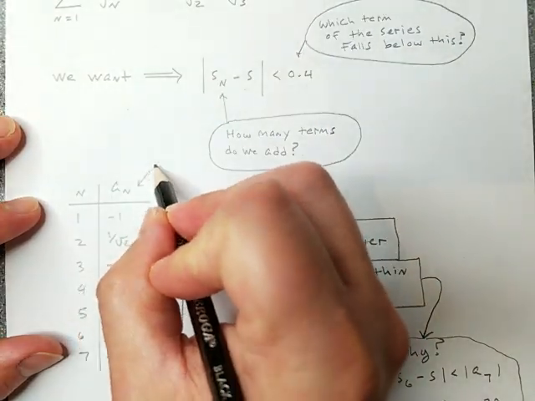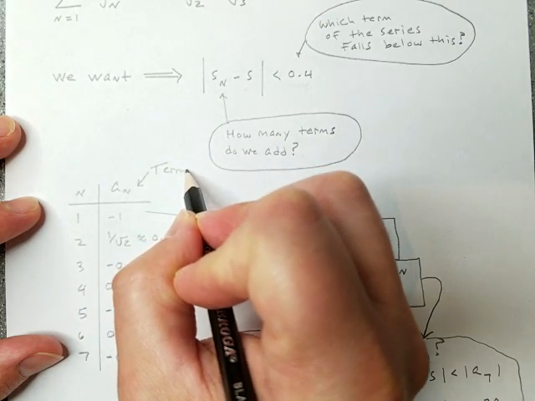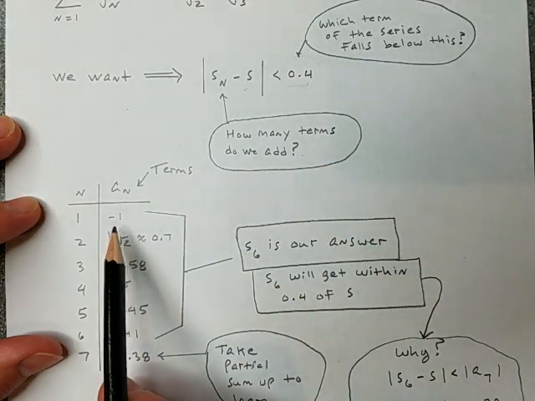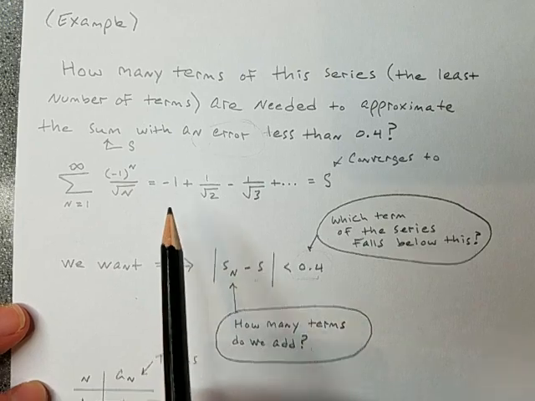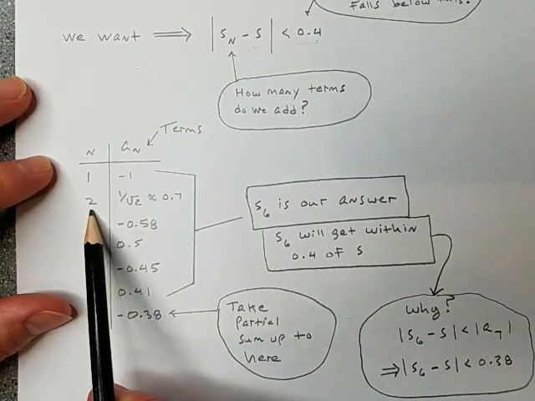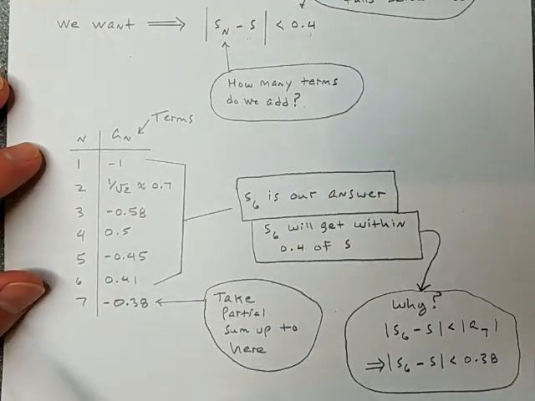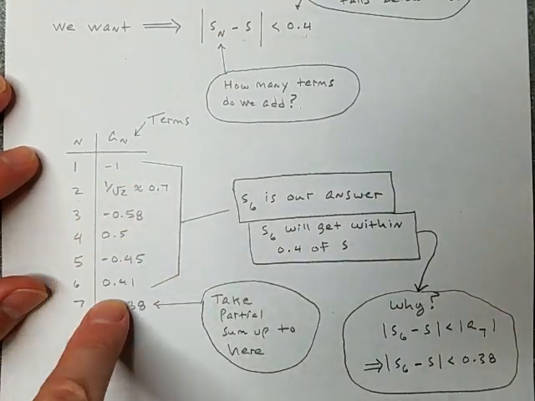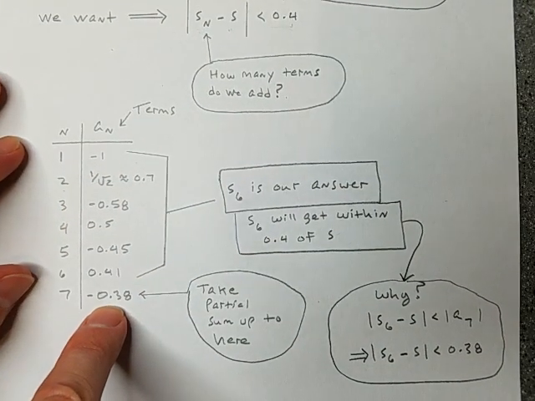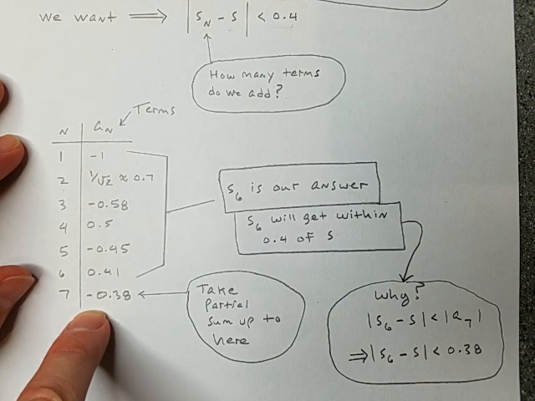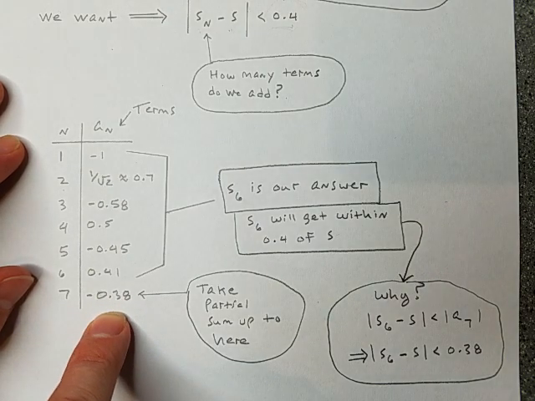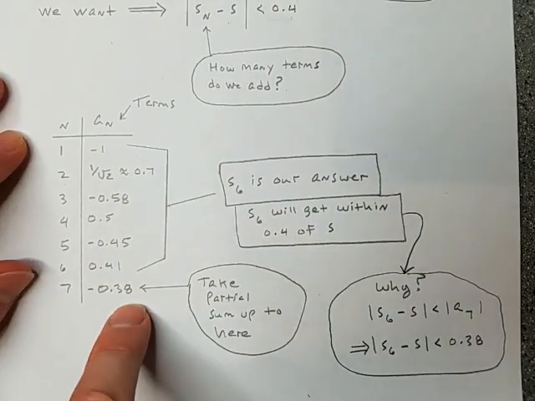These are not the partial sums, these are just the terms. The first term of the series, for example, is -1. The second term of the series, for example, is 1/√2, right? These are just the terms. When I'm looking at the terms, I notice there's the very first term that in absolute value falls below 0.4.